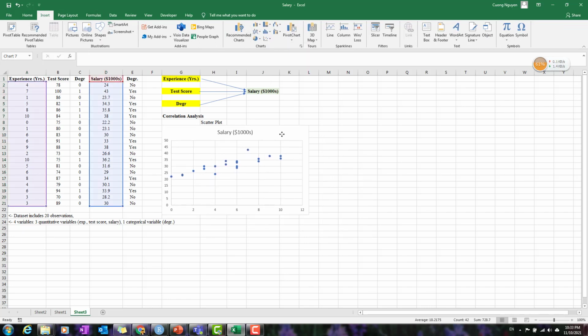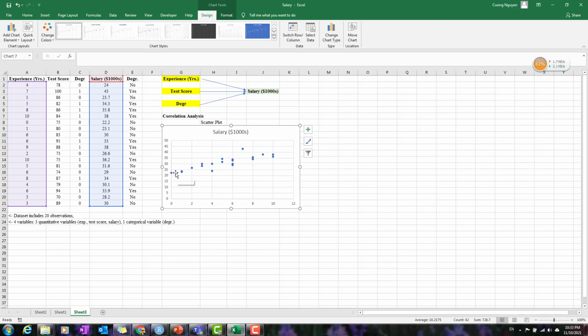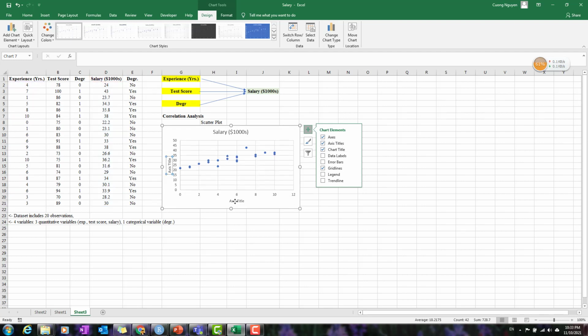You can see over here the scatter plot between the two. Of course, I can add in the axis titles. For this side I would say experience, and this side I would say salary.